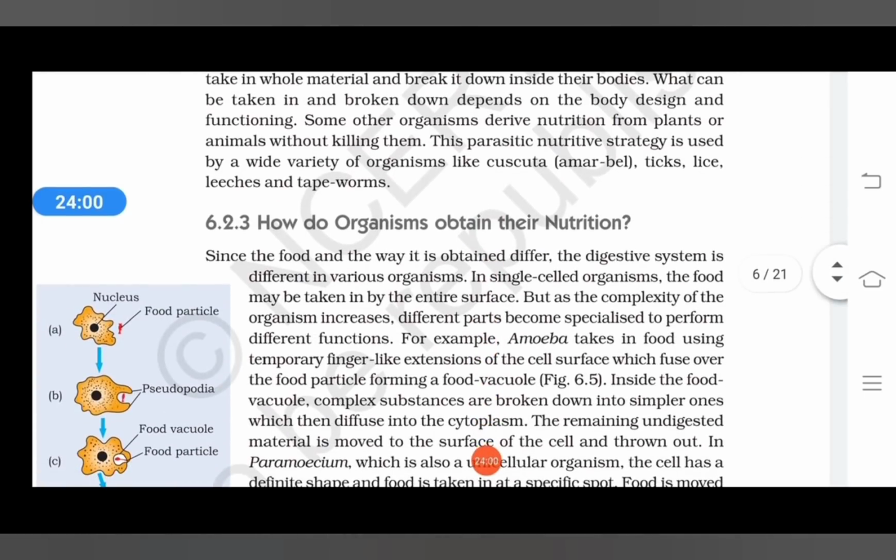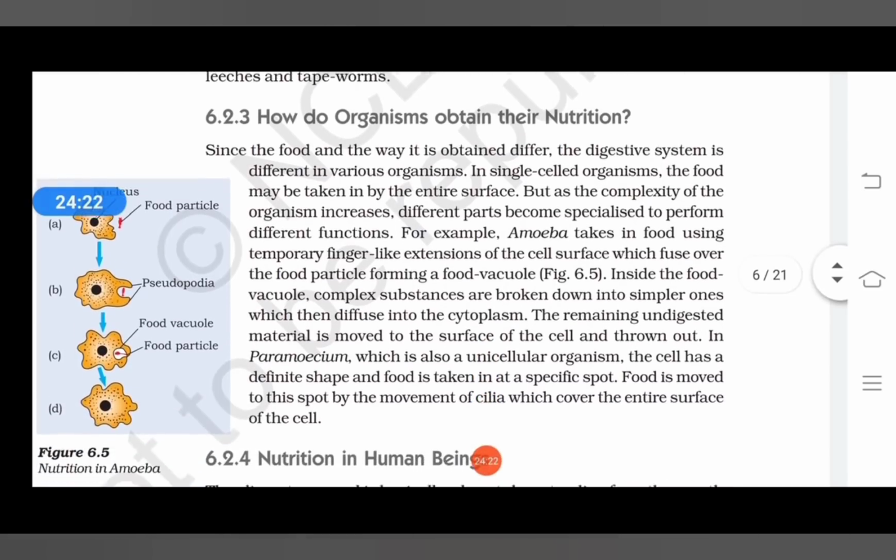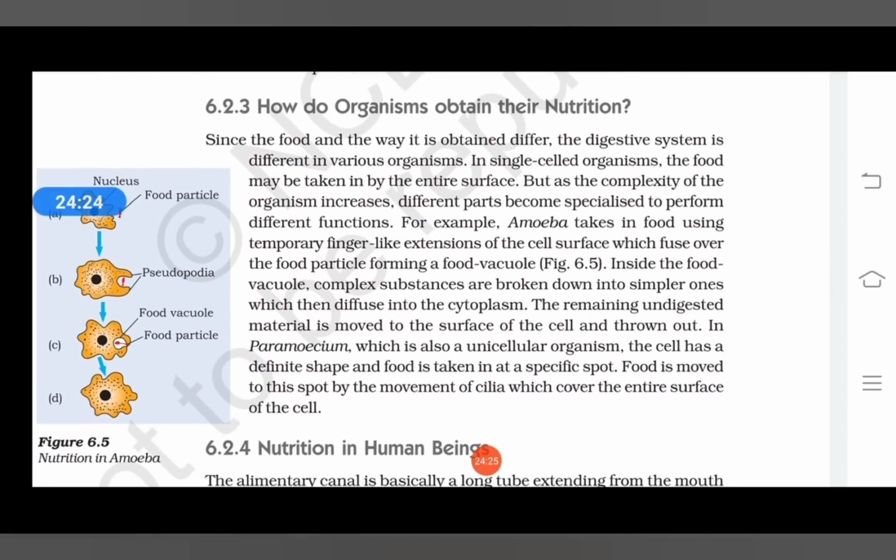Next, how do organisms obtain their nutrition? Since the food and the way it is obtained differ, the digestive system is different in various organisms. In single cell organisms, the food may be taken in by the entire surface, but as the complexity of the organism increases, different parts become specialized to perform different functions.